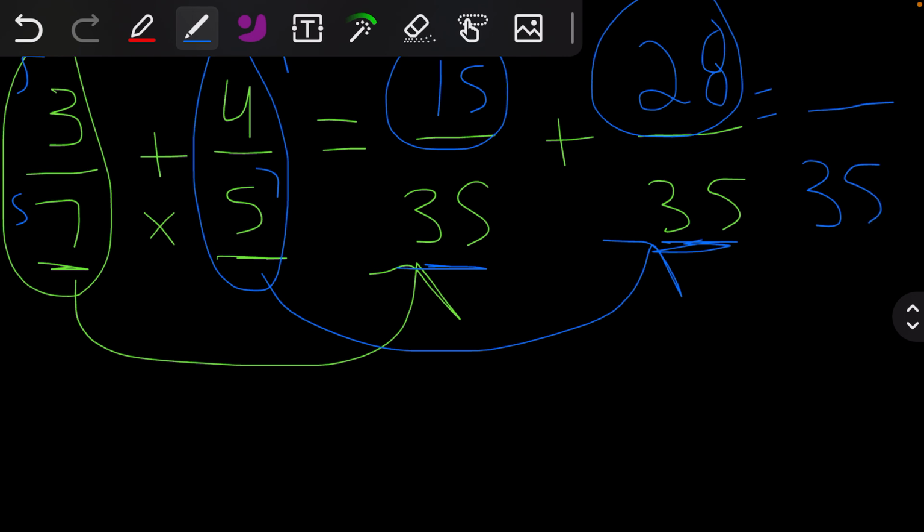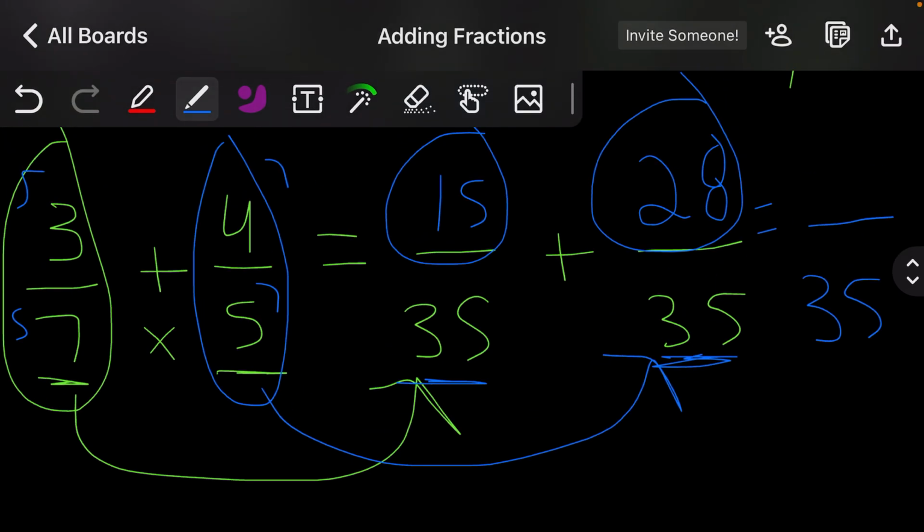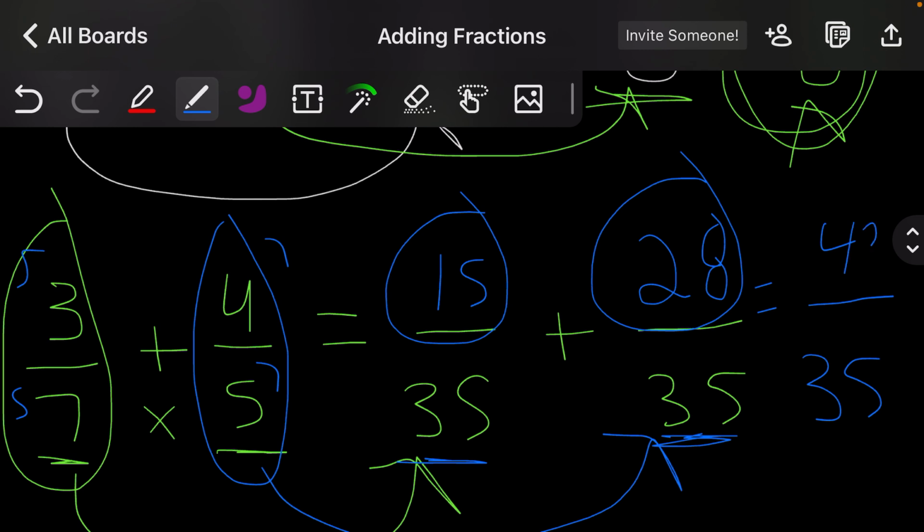And 15 plus 28, that'll be what? 43. That'll be 43. And so our answer to 3 over 7 plus 4 over 5 is going to be 43 over 35. We'll talk about simplification later.